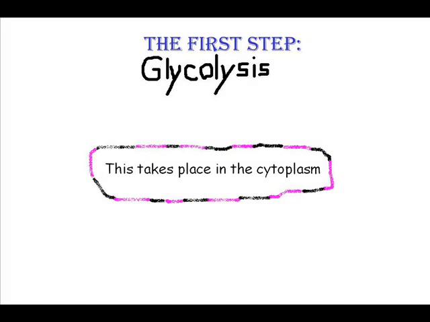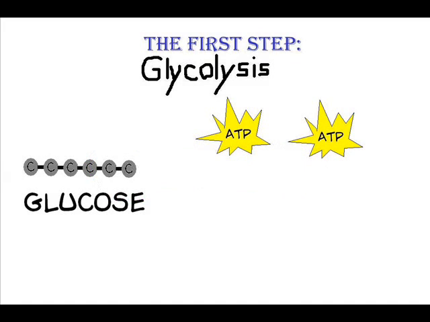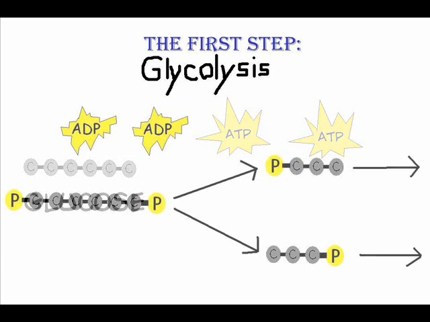The first step in cellular respiration is glycolysis. Now, glycolysis takes place in the cytoplasm of a cell. In the first step of glycolysis, 2 ATP molecules come together with that 6 carbon glucose molecule, and they drop off one of their phosphate groups, one to each side.